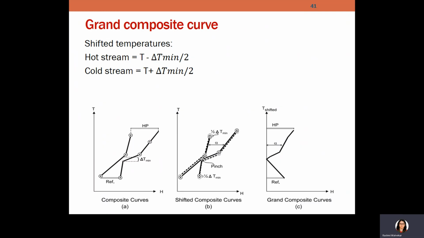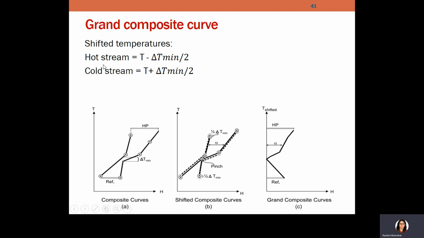So next, coming to the grand composite curve. For the grand composite curve, we need to combine both the curves and obtain one single curve. For this, they use shifted temperatures. In the shifted temperature approach, for the hot streams you take the temperature value minus delta T minimum divided by 2.